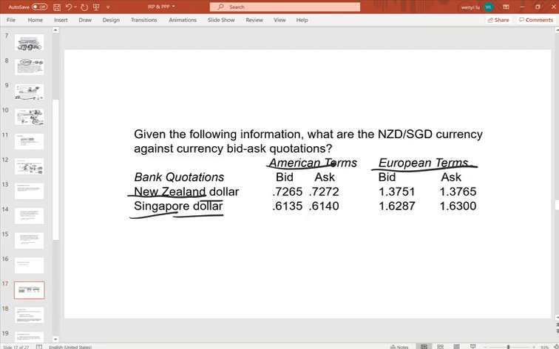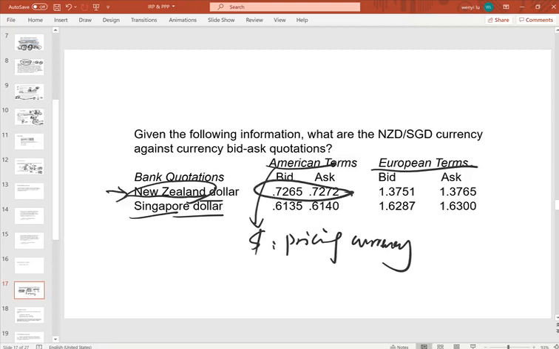American terms means our dollars is the pricing currency. So for this one, it should be for 1 New Zealand dollar, equal to how many US dollars. That's for American terms.